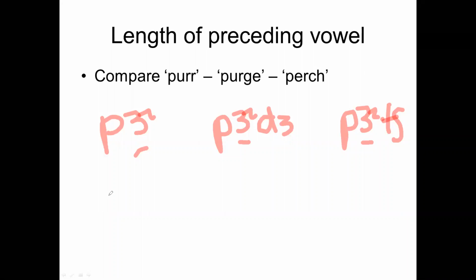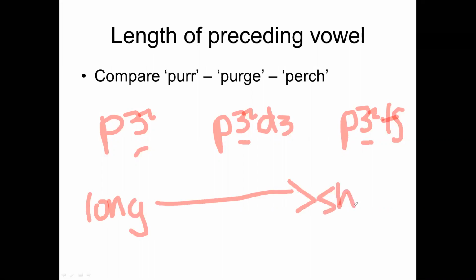All right, so it goes from long to short, just based on the influence of the sounds around it. All right, so cha is a voiceless sound, and it's also Fortis, so it's a little bit longer, and that vowel just shortens to compensate for that.